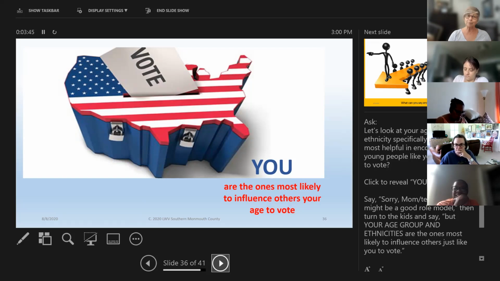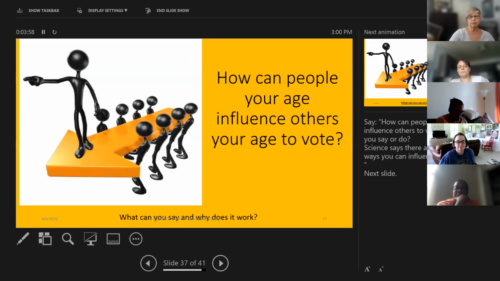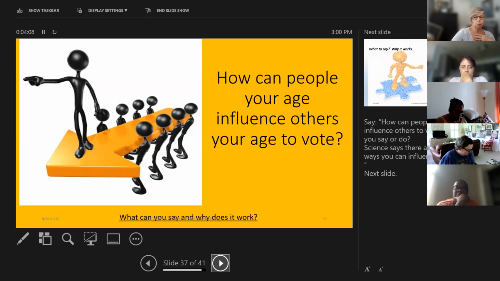You're a good role model, but you're not going to be the one to convince young people to do what you think they should do. It's their peers that have the greater influence. So if that's the case, how can young people your age influence others to vote? What can you say and why does it work?